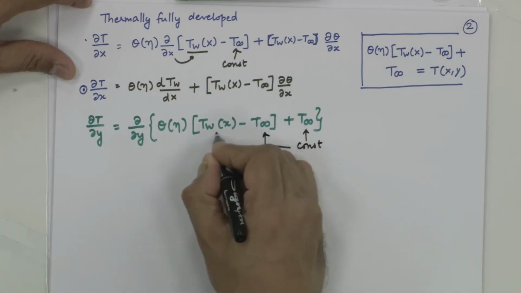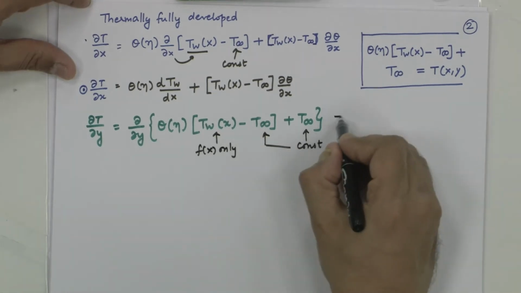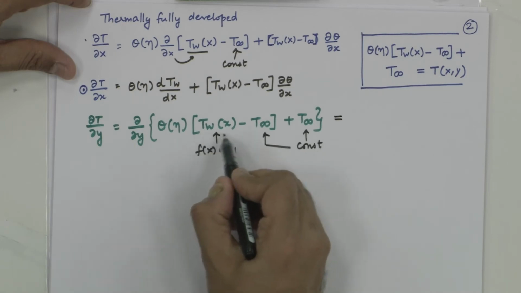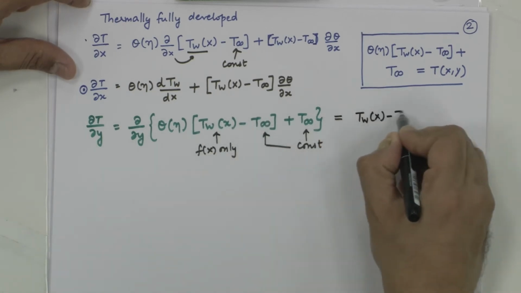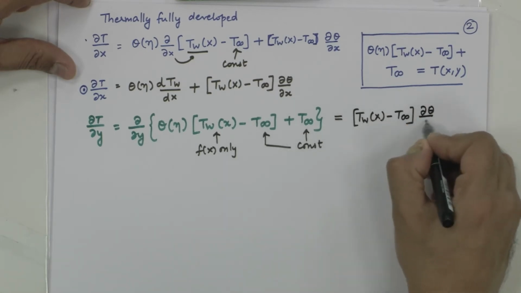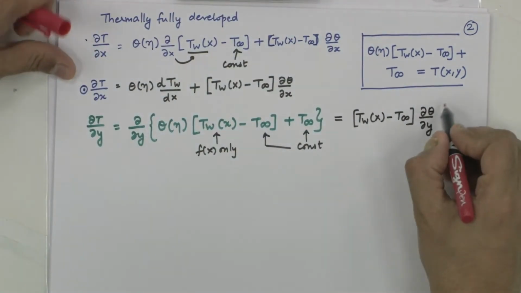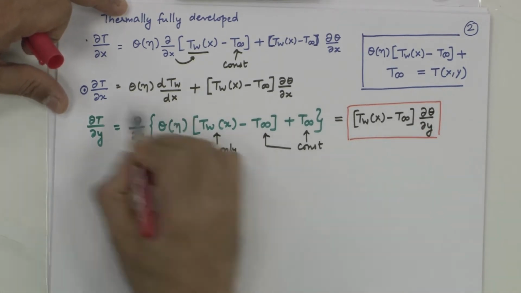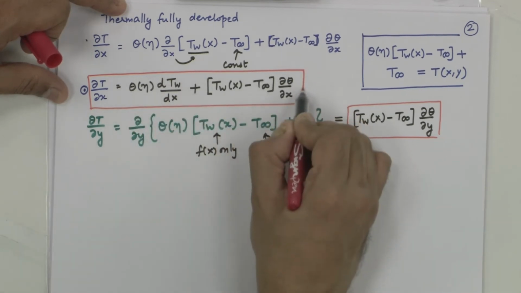This is a function of x only, so the derivative of this term with respect to y is gone. This is going to be treated as a constant. Therefore, I will get Tw of x minus T infinity d theta by dy. This term also as it is. So, this is my dT by dy. This is my dT by dx.